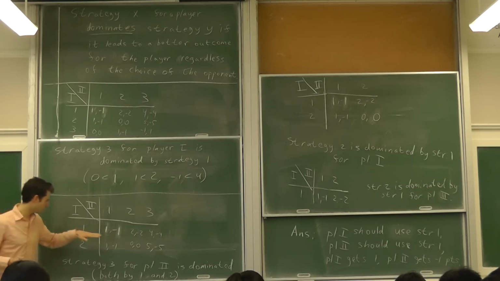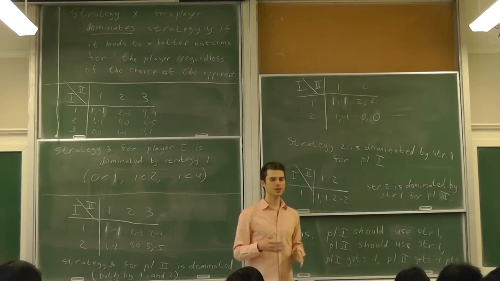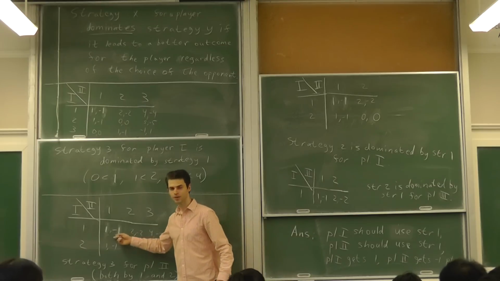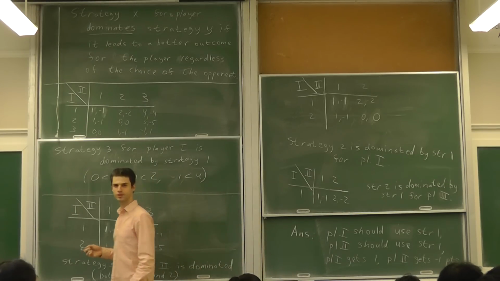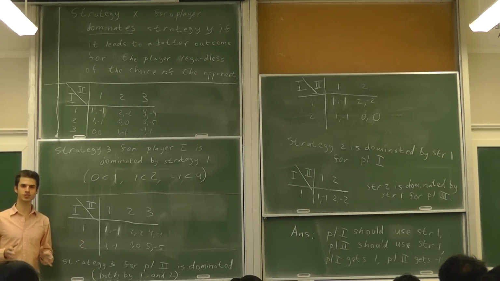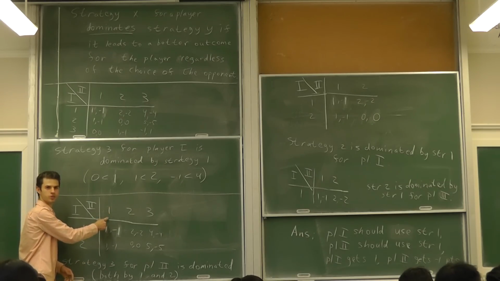Also, the second player, well, I don't envy him. He will lose at least 1 point if the first player chooses to play 1, but he can guarantee for himself to lose no more than 1 point by choosing to play strategy number 1.